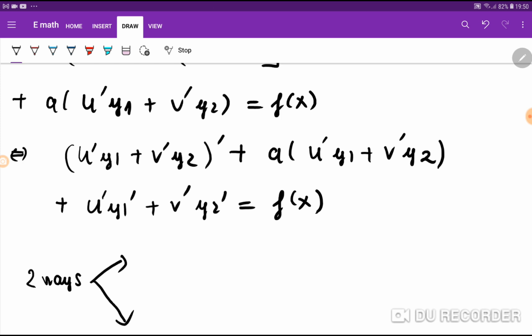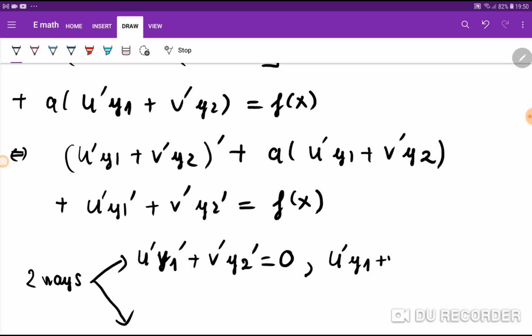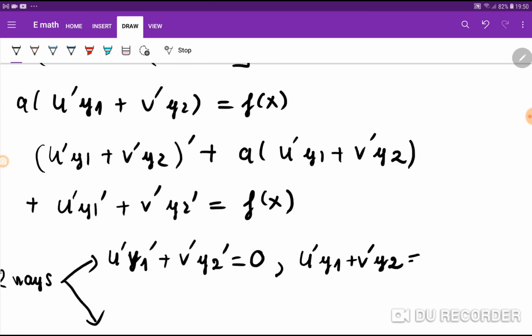Okay, so the first way is they can set u prime y1 prime plus v prime y2 prime equals 0, and then they solve for u prime y1 plus v prime y2 as a function of x. I'm calling it gx, okay?